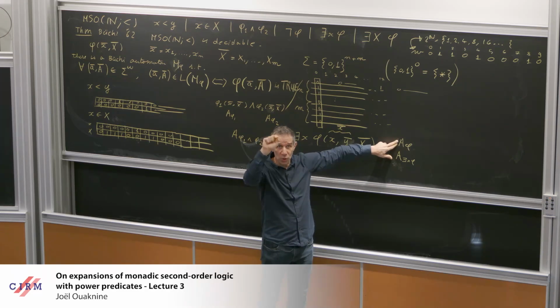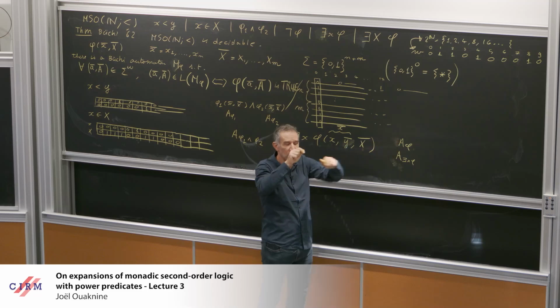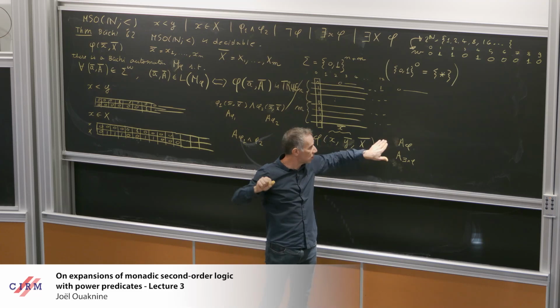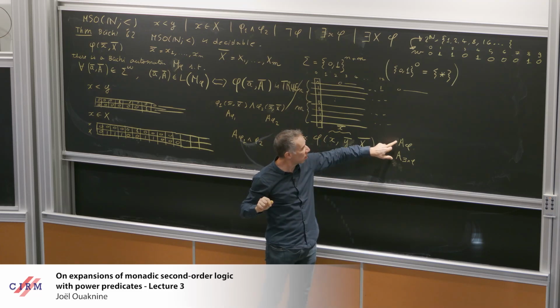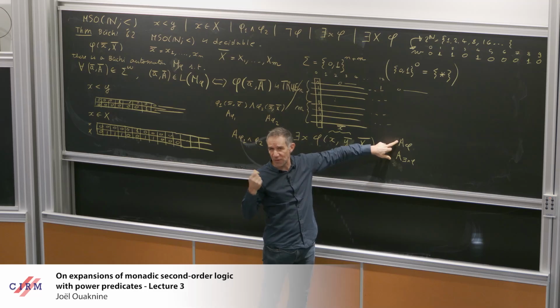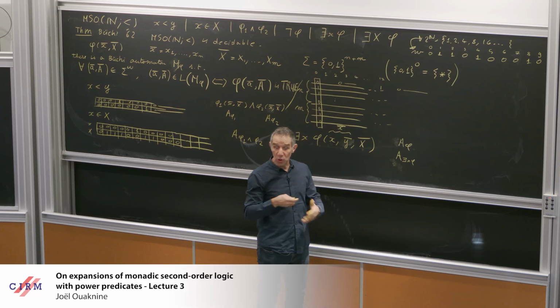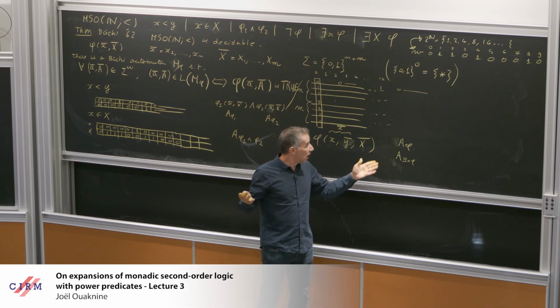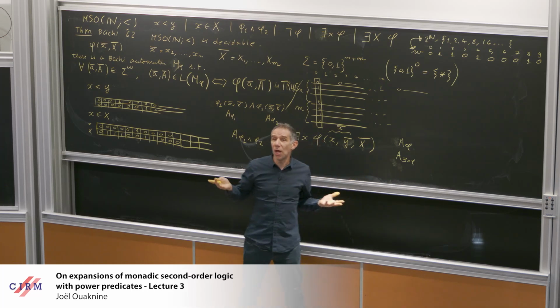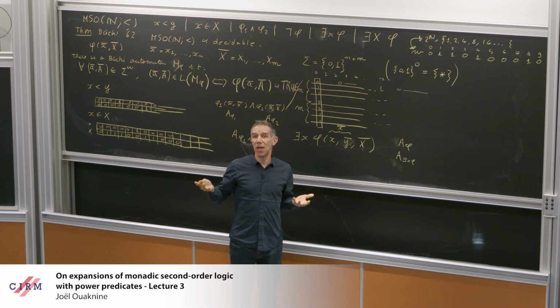You erase the value of x, whether it be 0 or 1, in the transitions of this automaton. You transform letters over alphabet n plus m to letters over alphabet n minus 1 plus m by simply erasing the first component. But you keep the arrows, you keep the structure. And so it's an existential, it's a projection. And this is how you get existential quantification.